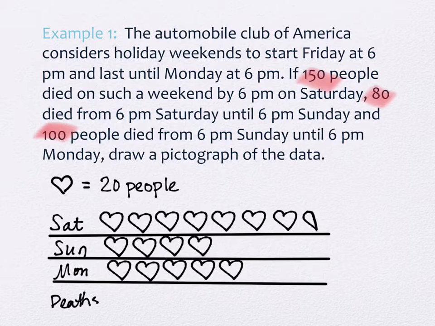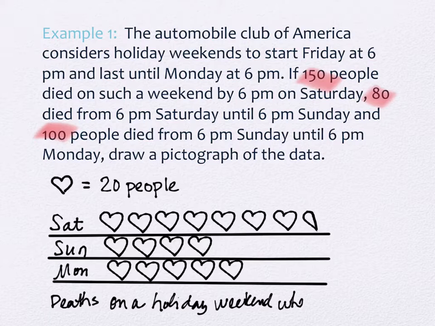These are deaths on a holiday weekend, where my heart is equal to 20 people. So if you have the heart equal to 20 people inside of the title, you don't necessarily have to have it somewhere else on there. It needs to be there somewhere.